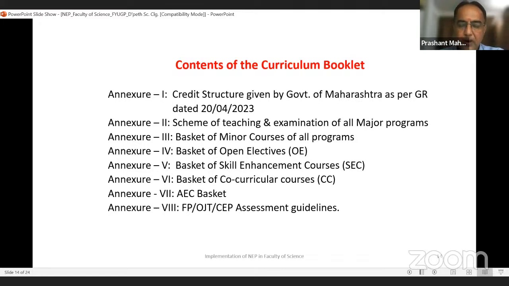See, the Government of Maharashtra has given a course category, Vocational and Skill Enhancement Course, VSEC, to which they have offered 16 credits. Out of this, 14 to 16 credits. The government itself has divided vocational and skill enhancement courses into two: one is the vocational skill course, another is the skill enhancement course.